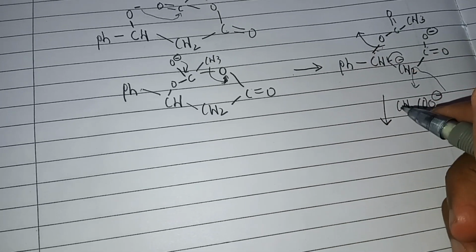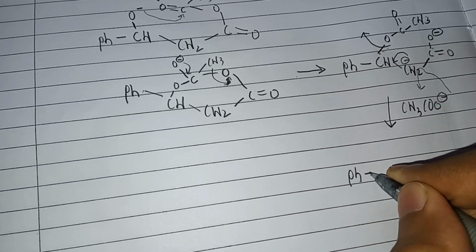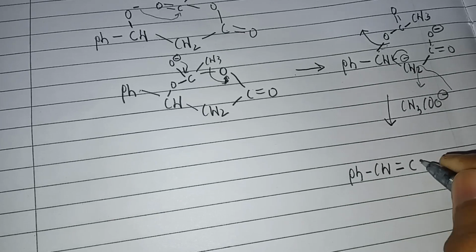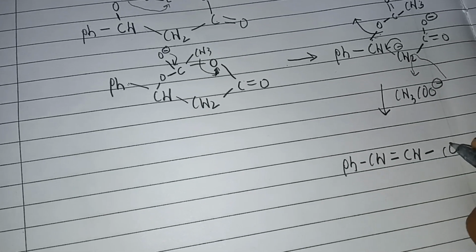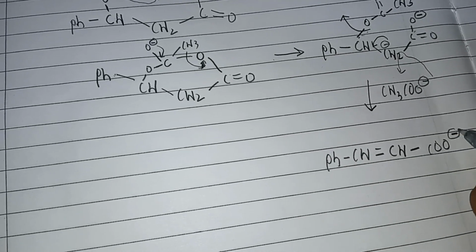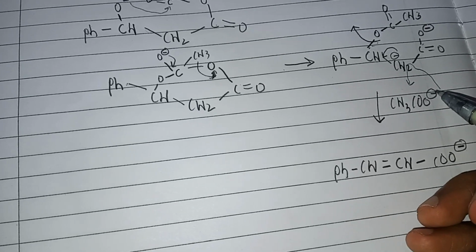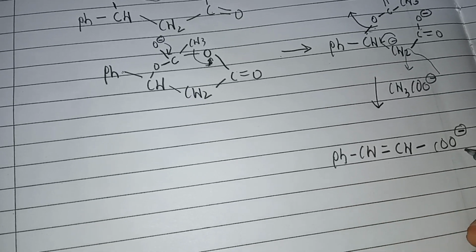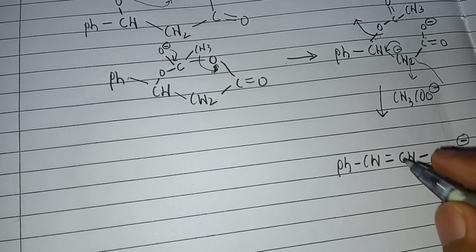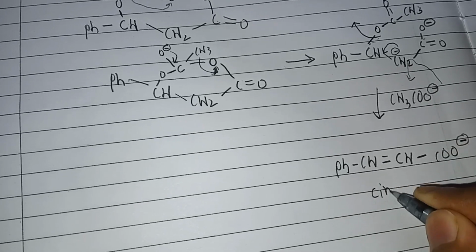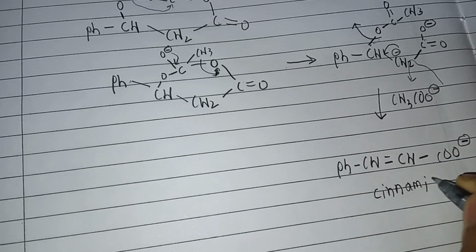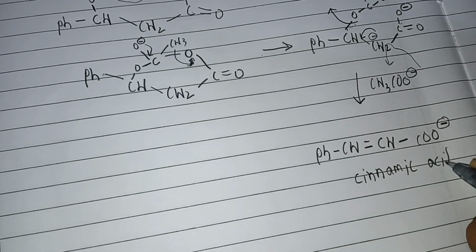Hence you have your product as PhCH double bond CH attached to C double bond O minus, and the other product is of course CH3COOH. So here you got your cinnamic acid. This is the famous name given to it, cinnamic acid.